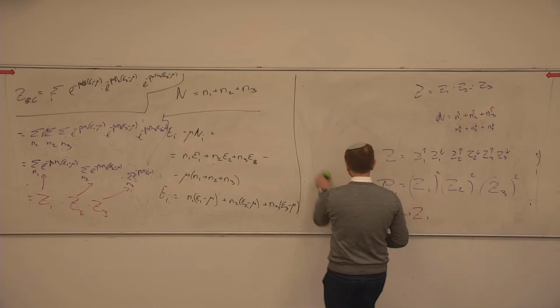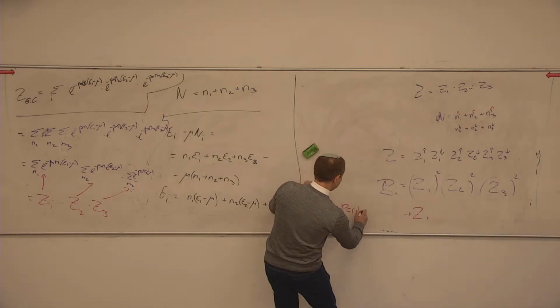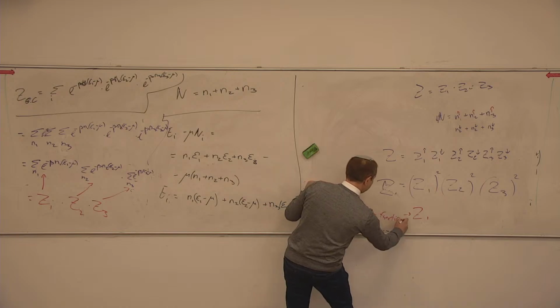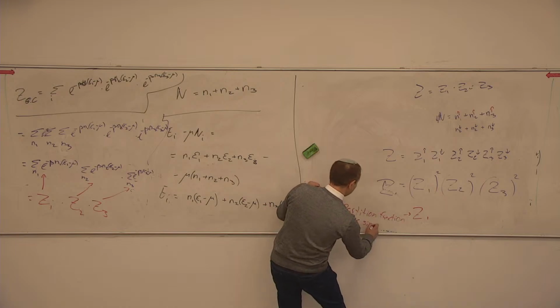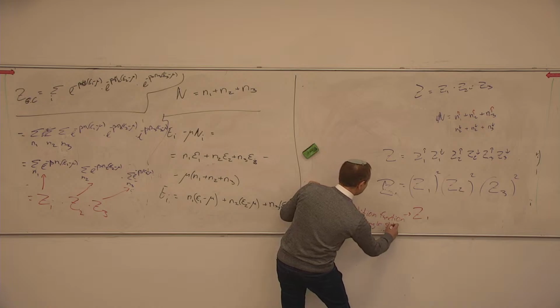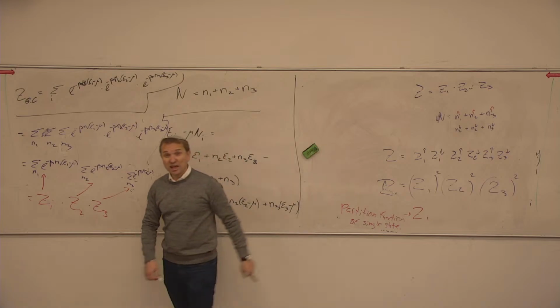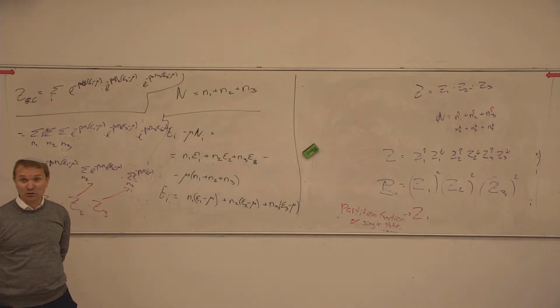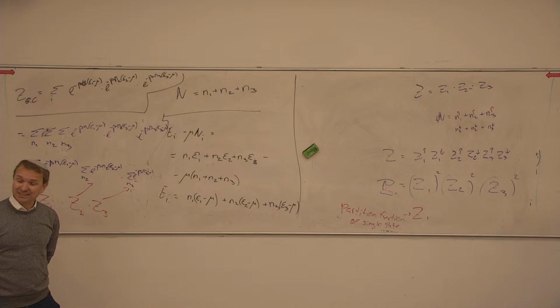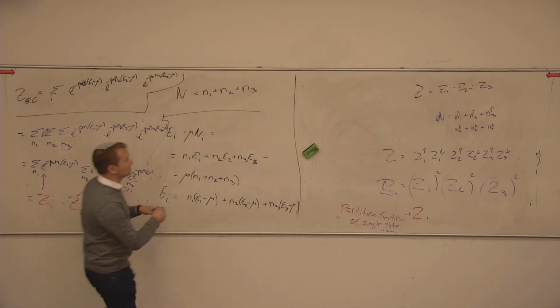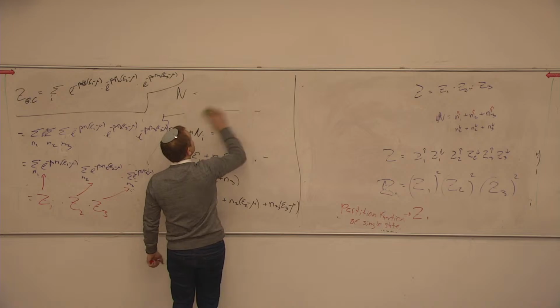Z1, the partition function of a single state. As we see from this factorization, everything is going to be described by the behavior of this partition function. It's not a very simple partition function in a sense, as we know. It depends on many different things. What is Z1? Let's just write it down here.